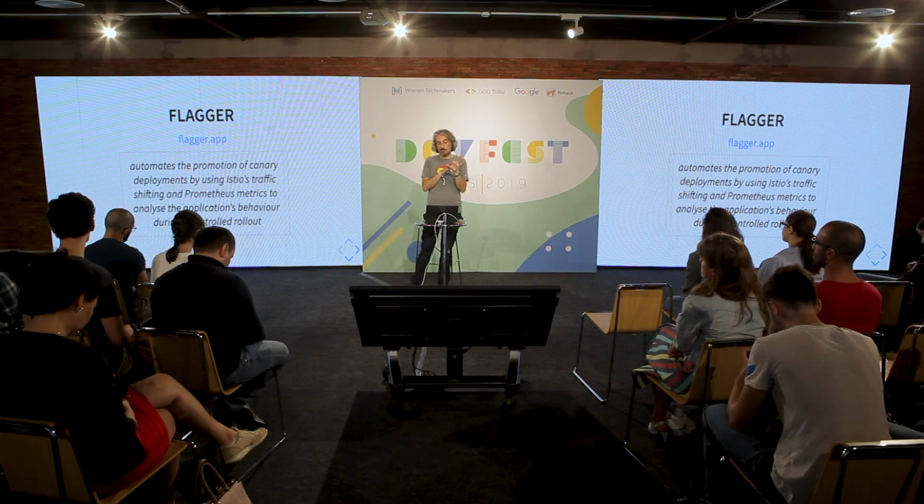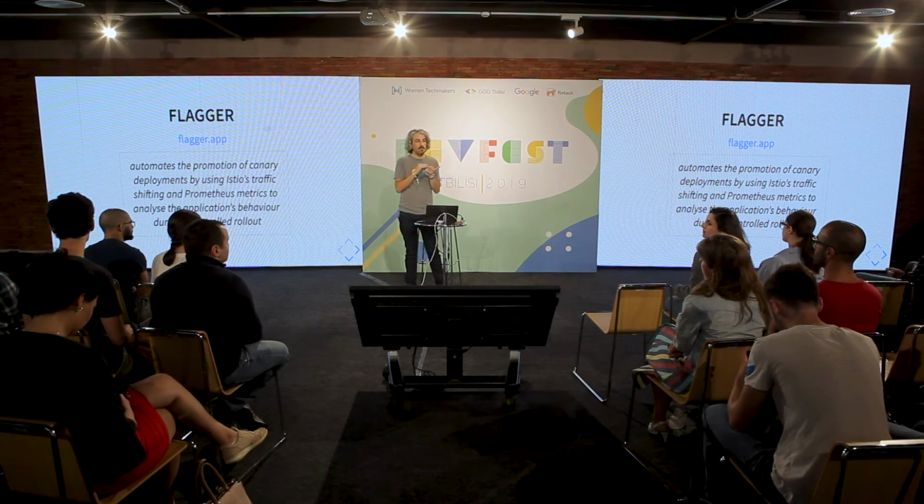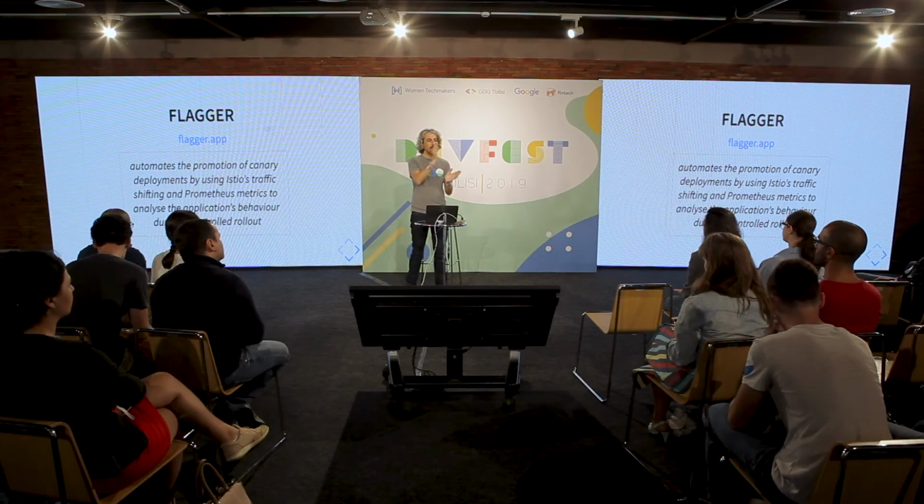And one of the most interesting parts is that if it detects there's a number of errors that you can configure, it will automatically roll it back. So that's the safety net that you have. So if when I deploy my new version, for whatever reason I start getting 500 errors, I don't have to do anything. Flagger will automatically roll it back to the old version.